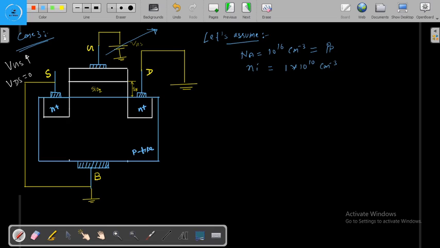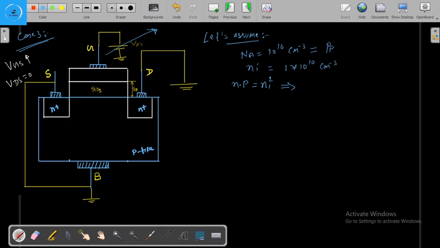As we know, in any semiconductor, not the degenerate type semiconductor, it's not applicable for degenerate type semiconductor, the concentration of the electron and the concentration of the hole product will be constant at a constant temperature, and this constant will be equal to Ni square.